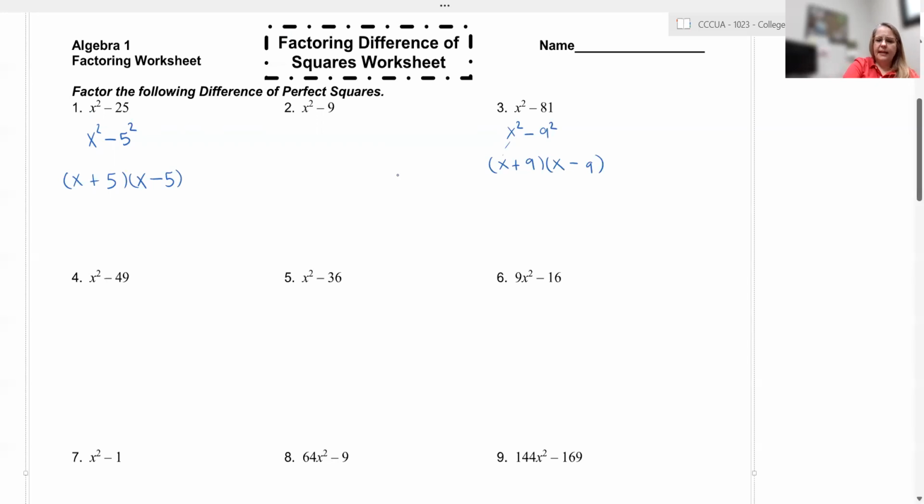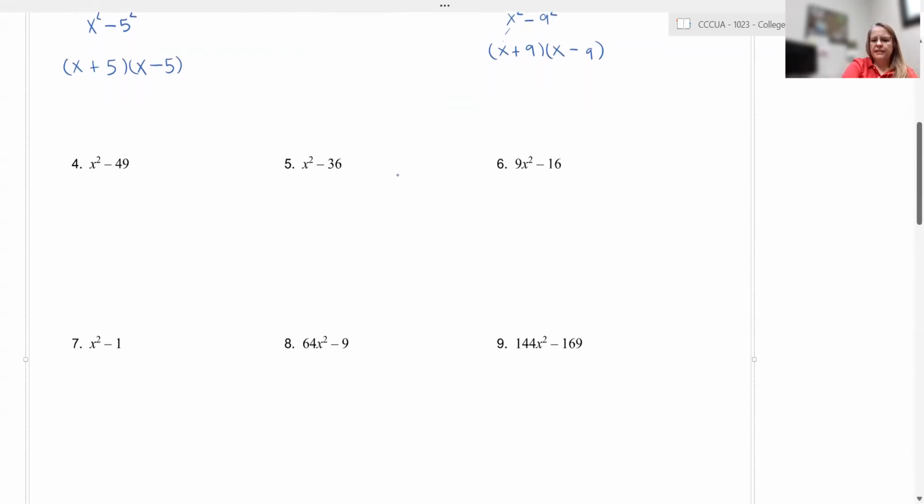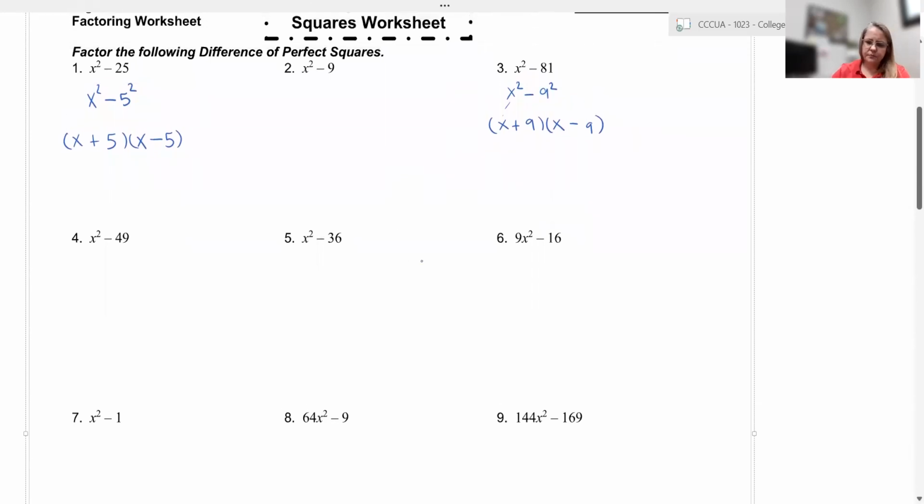Now, they're not always going to be that nice and pretty, which is the case of number 6. This is why it's nice to write it as something squared minus something squared. Right now what we see is 9x squared minus 16. But 9x squared is the same thing as 3 squared x squared, and using our properties of exponents, we can write this as 3x all squared.